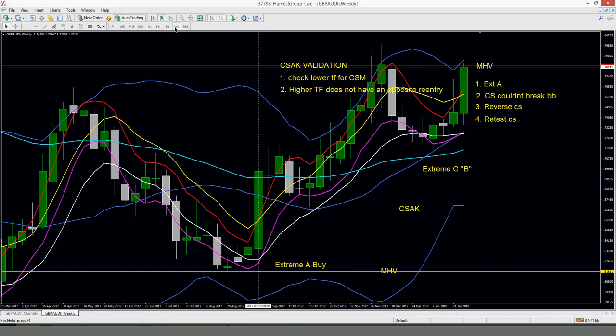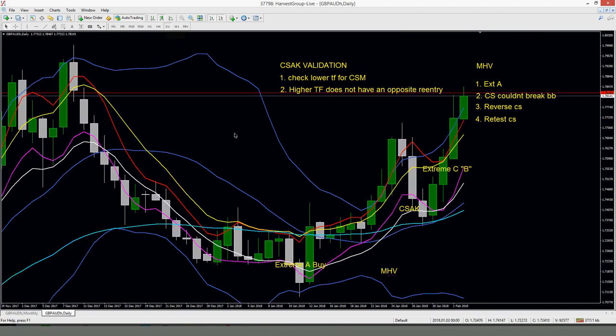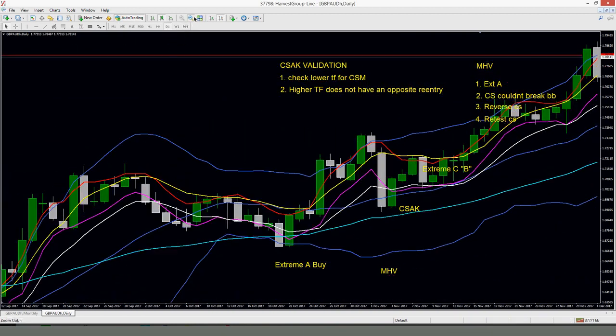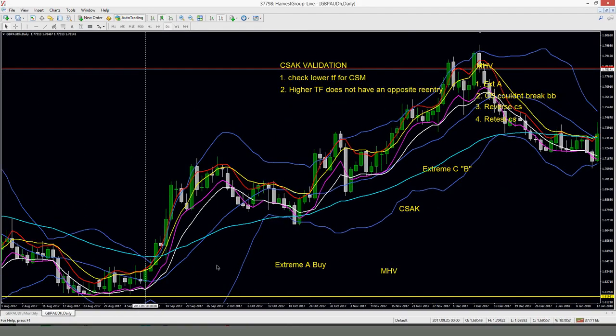Okay, so let's look at D1. So over at D1, we do have CSM momentum buy at D1.